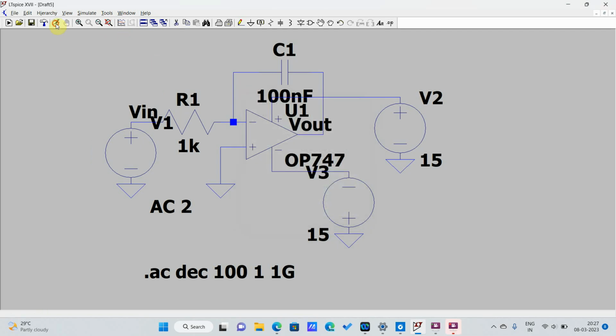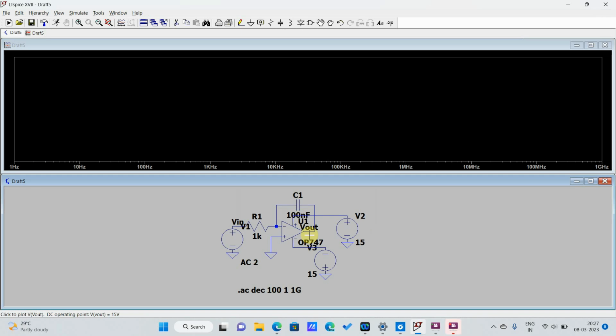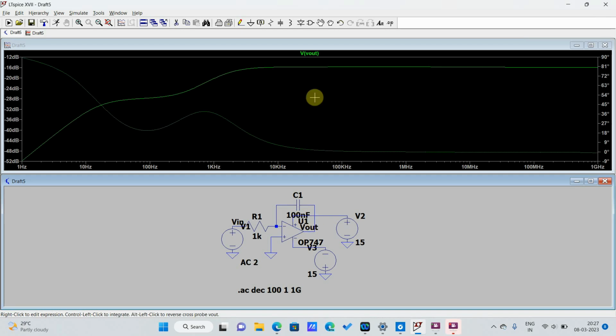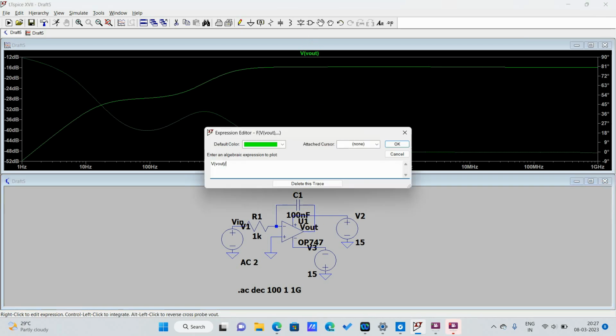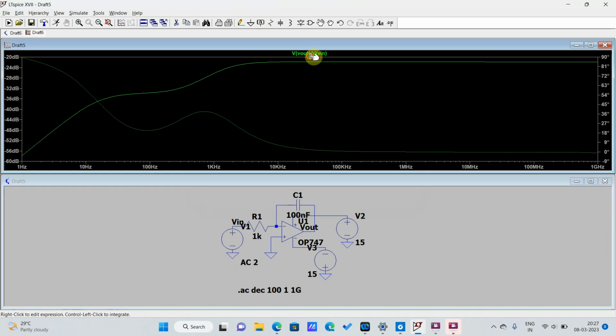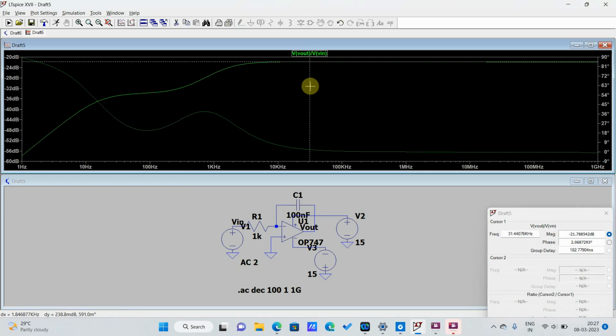Okay, so now let's plot the frequency response divided by V in. So this is the frequency response.